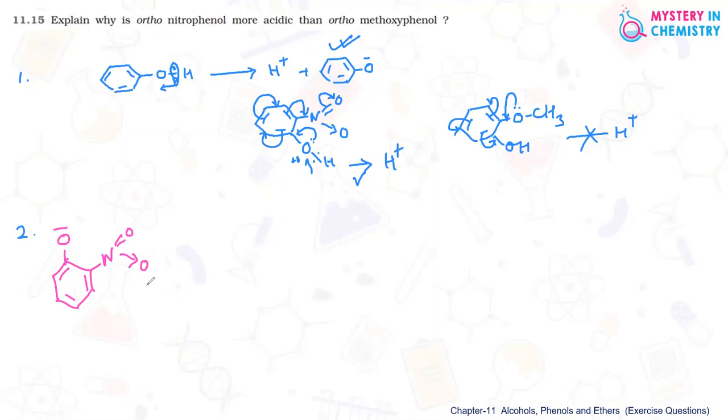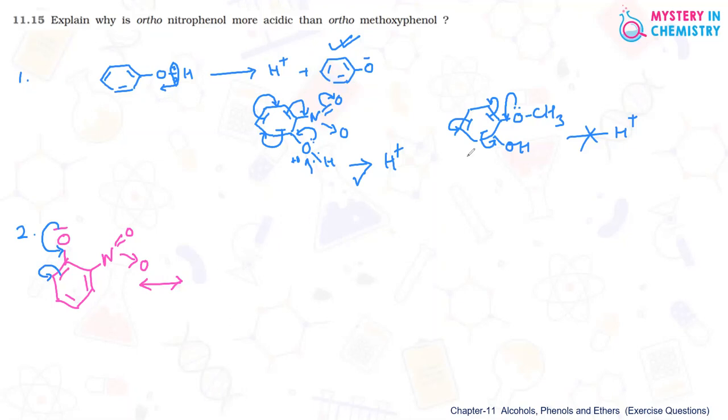So, first of all, this electron pair is shifted in between oxygen and carbon, and then this electron pair will not be here and it is forming a charge over this carbon.